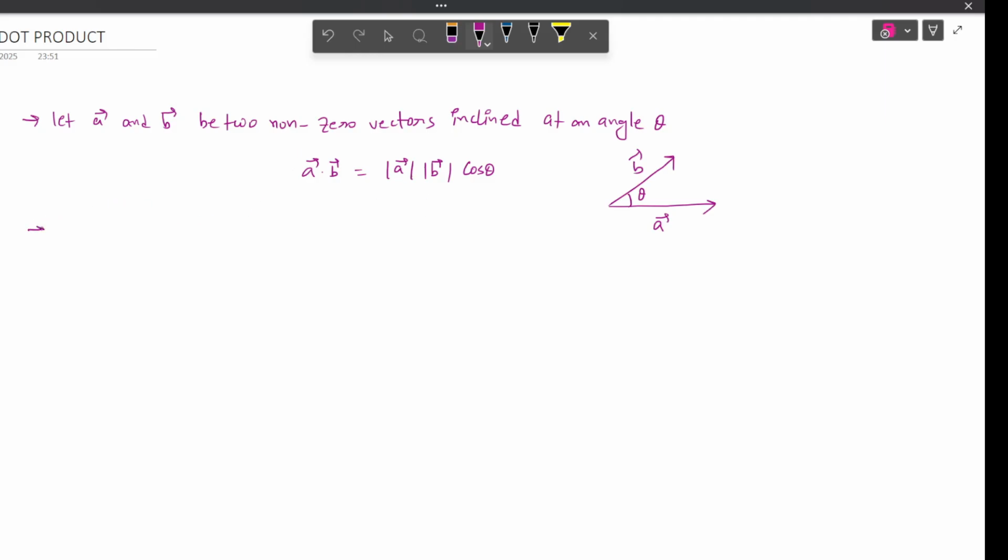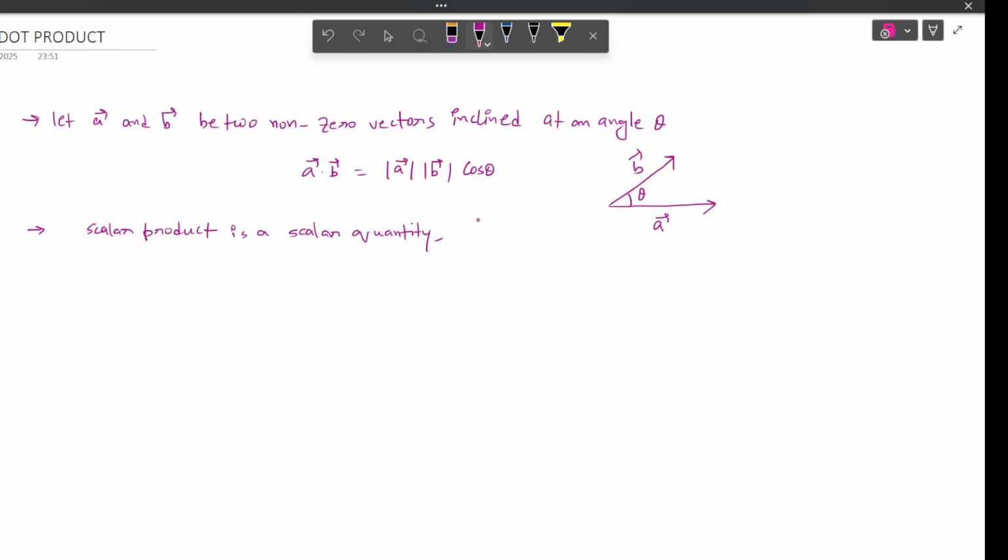So hence we can say that the scalar product, or dot product, of two vectors is a scalar quantity.